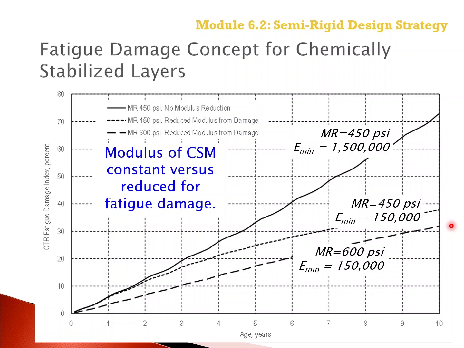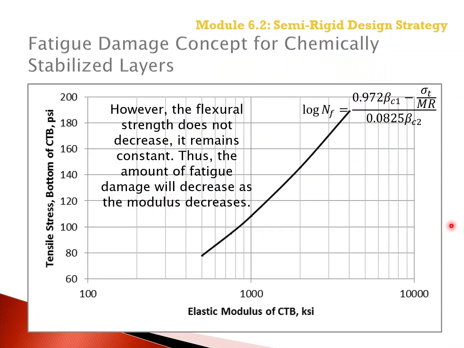So continuing, what does that mean in terms of design? And that's illustrated in this figure, or this graph. One of the things to remember is that the pavement ME design, or the MEPDG process, does give the user an option to enter a minimum elastic modulus to account for cracking of that stabilized base layer.